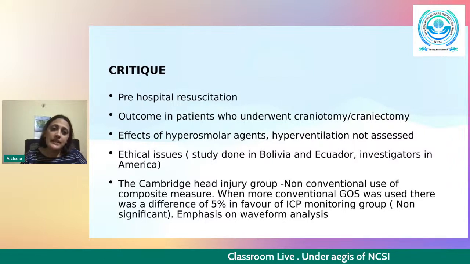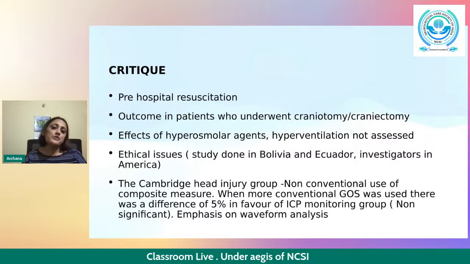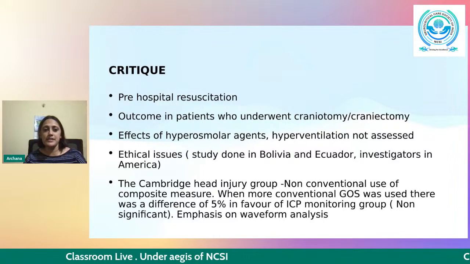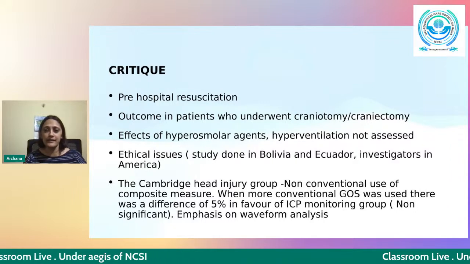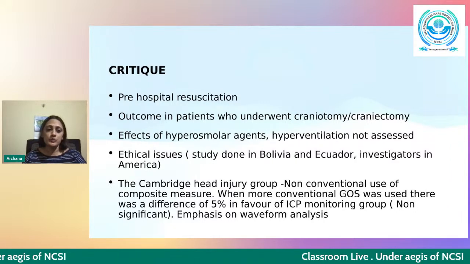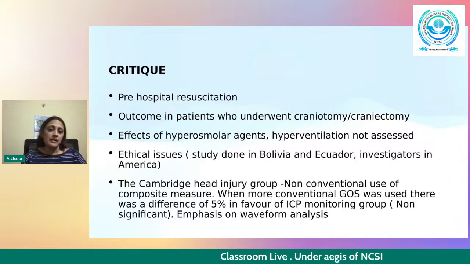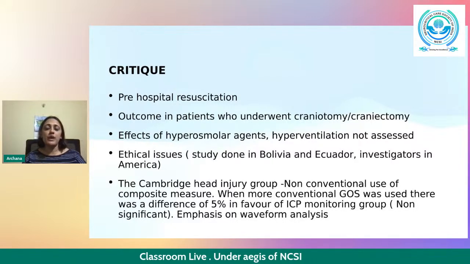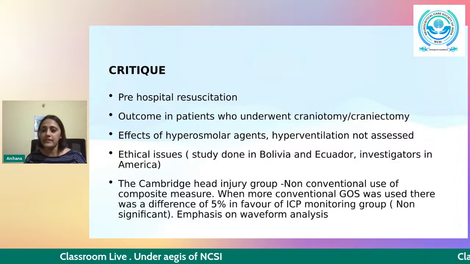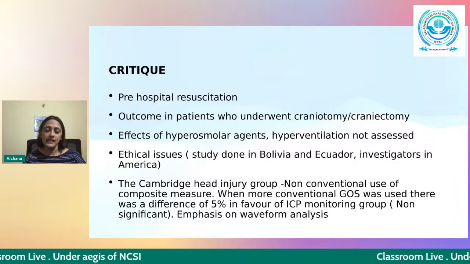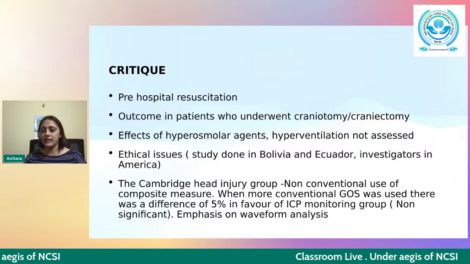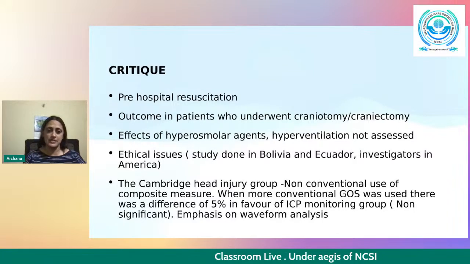This study was critiqued that the pre-hospital resuscitation measures were not included in this, which might have skewed the study. And outcome in patients who underwent craniotomy or craniectomy was not measured separately, and the effects of hyperosmolar agents and hyperventilation was not assessed.